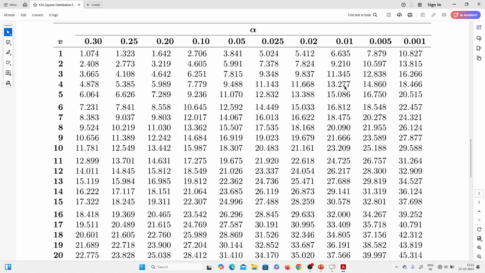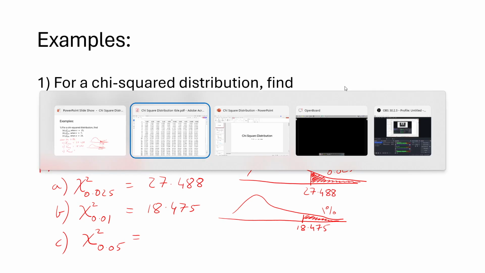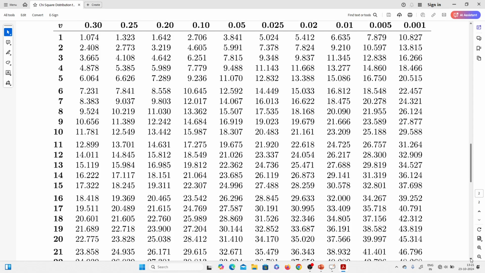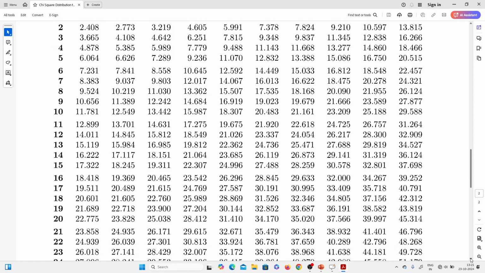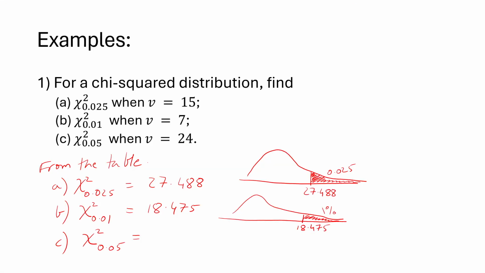Wait, I think I made a mistake. What was the question? 0.05, no? Oh, this column it is. Sorry, 36.415. I looked in the wrong column. 36.415.